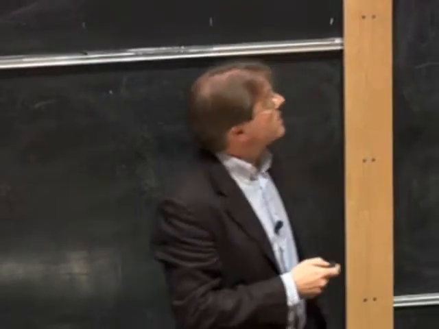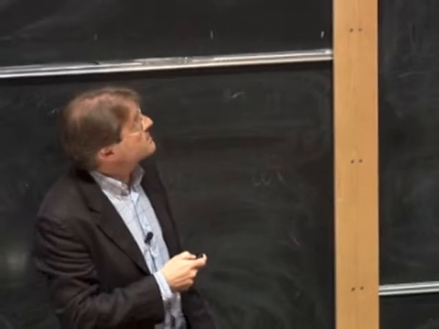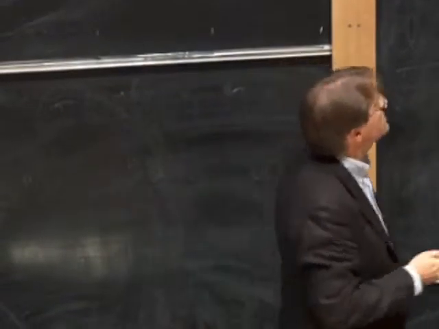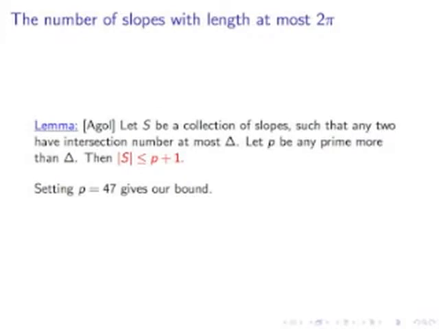So the number of slopes is at most the number of elements in that projective line, which is P plus 1. Okay, so it's a very nice argument. Setting P to be the prime 47 gives you that there are at most 48 exceptional slopes. Okay, so that's a quick summary of the 2 pi theorem.